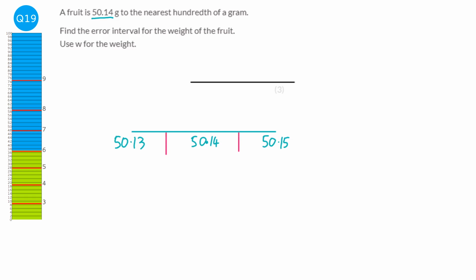Then to find the lower bound and the upper bound, or the highest and lowest it could be, we just find the halfway points between those two. And so the halfway point here is 50.135, and the halfway point here would be 50.145. So the lowest it could be is 50.135, the highest it can be is 50.145, and it asks us to use W for the weight, and we're going to show this with inequalities.